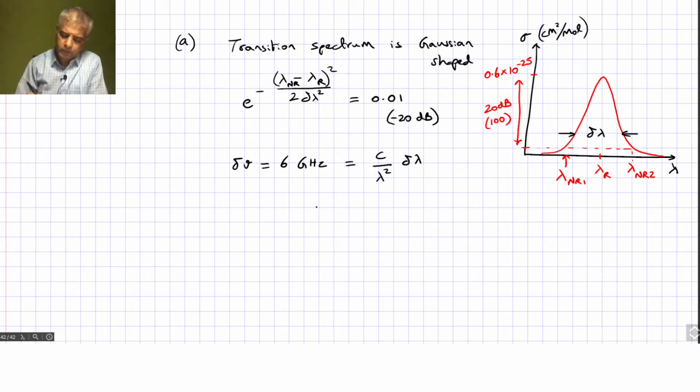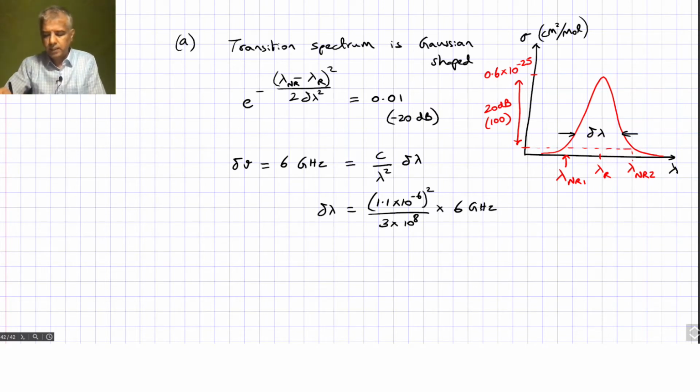So you can rearrange terms and say delta lambda corresponds to lambda square, which is basically 1.1 in 10 power minus 6, the whole square, divided by C, which is 3 into 10 power 8, multiplied by 6 gigahertz, right?